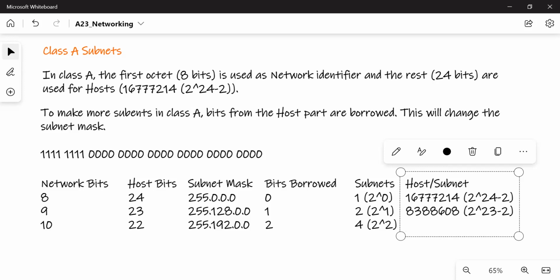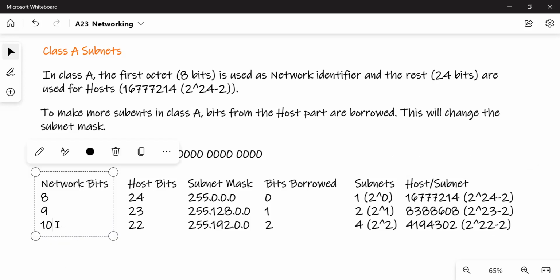You don't have to calculate this one, 4194302. Simply get it from how many bits are allocated. It's now 22, subtract 2, and this many hosts are inside.